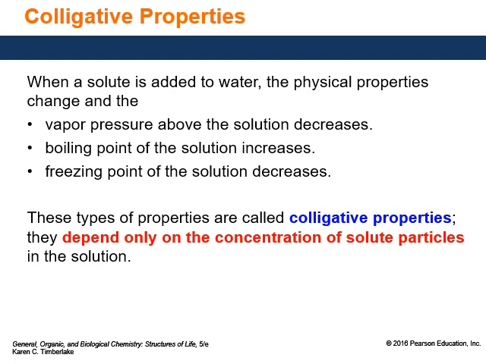By definition, colligative properties are physical properties that depend on the concentration of the solute particles present in the solution. Some examples of those are vapor pressure, boiling point, and freezing point. For instance, boiling point and vapor pressure. What is vapor pressure? If you remember, we have talked about this previously.